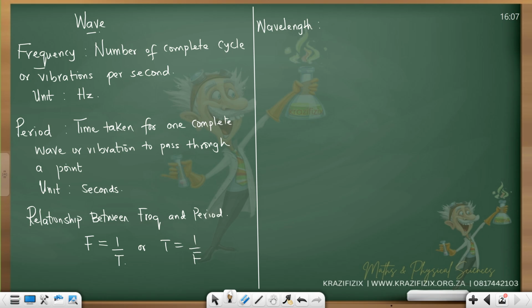And we would define wavelength as the distance between two successive points on a wave that are in phase. Two successive points that are in phase.